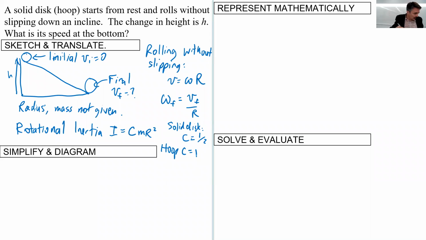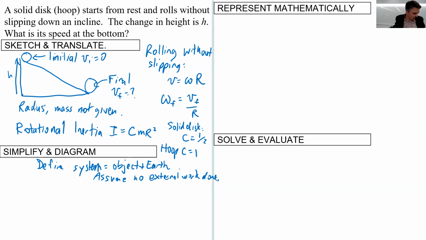Okay, so what we're going to do is define the system. It's the object plus Earth, so that I'll use the gravitational potential energy. Assume no external work done. The static friction doesn't do work.